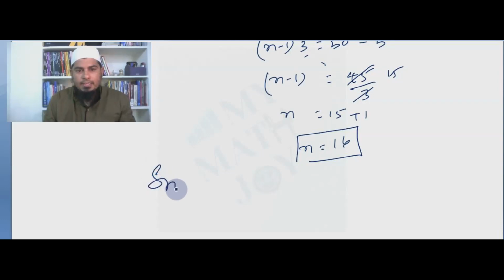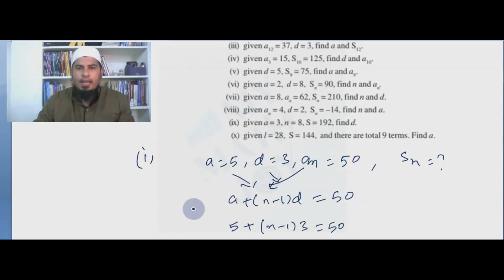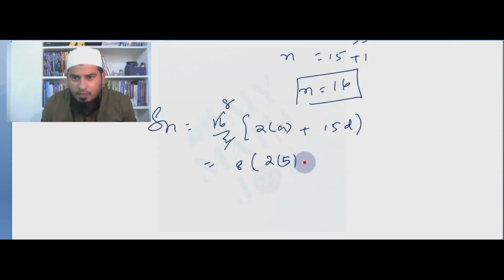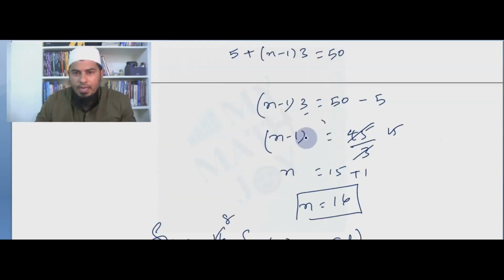I want Sn here now. 16 over 2 into (2A plus 15D). I can cancel here: 8 times (2 times A). What was the A value? A value is 5. A is given as 5. So 2 times 5 plus 15 times D. D is given as again 3. D is 3.